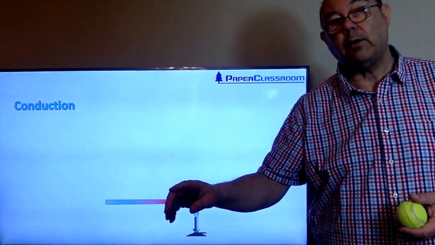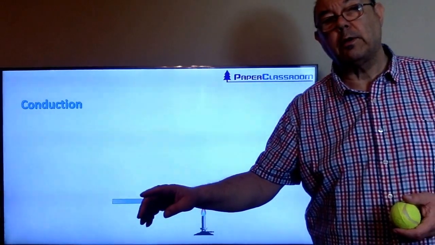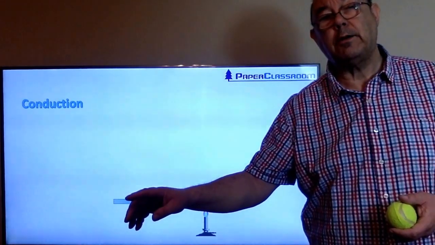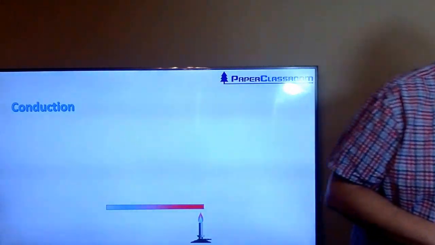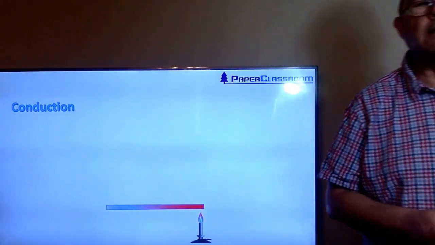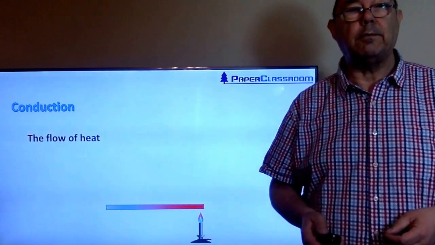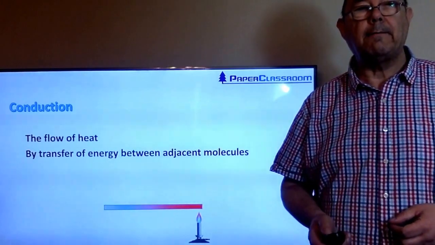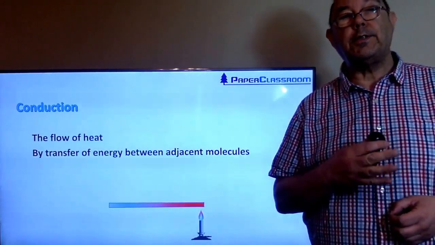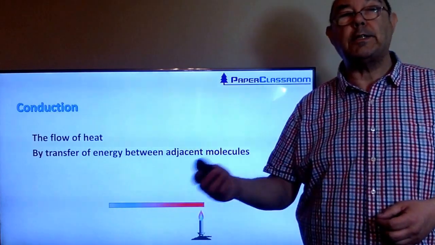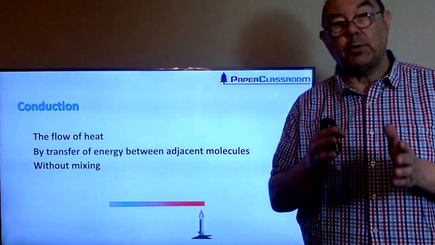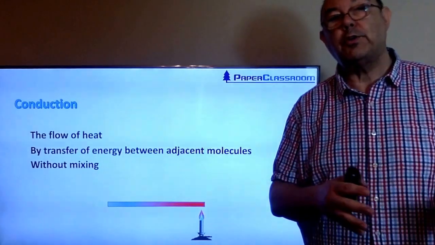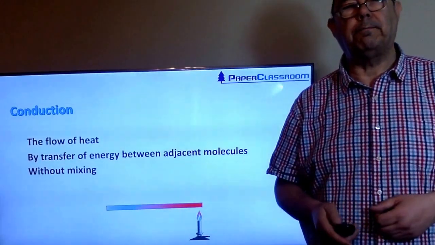If we keep heating it up, then it will slowly move along, and if you're holding that bar, you'll suddenly scream and let go and drop it because it'll be very hot. So that's the conduction mechanism. It's a flow of heat, and it transfers energy between adjacent molecules, but there's no mixing. The molecules stay exactly where they are, they just vibrate faster and faster.